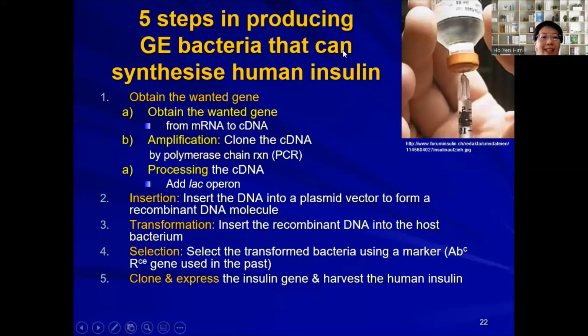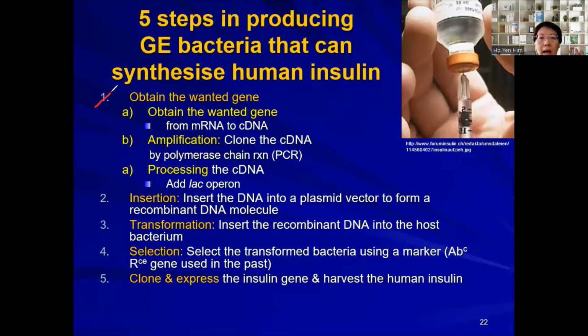The 5 steps in genetic engineering to synthesize human insulin. Now this is an example of GE, specific for producing human insulin only, because different products use different methods.